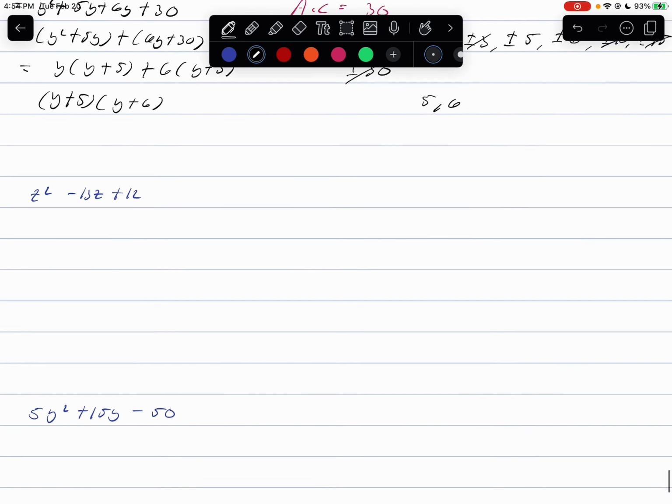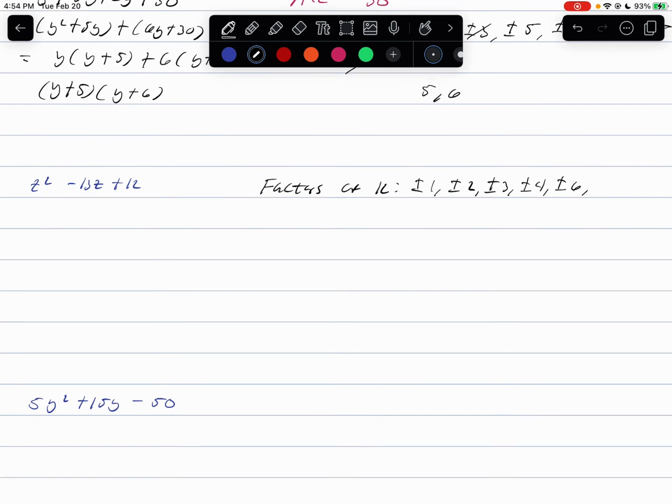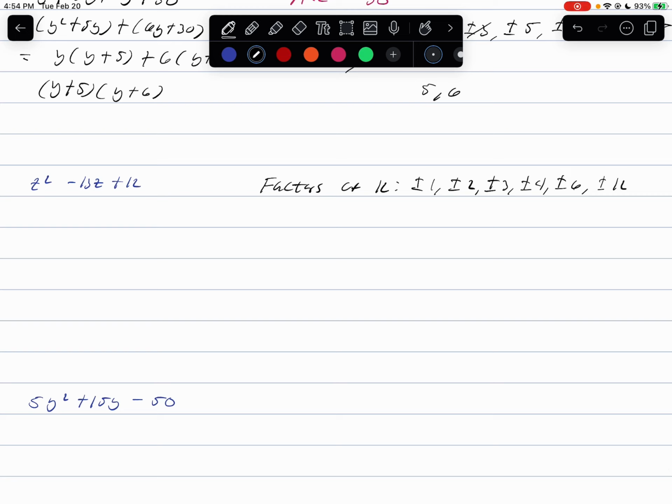Here we have z squared minus 13z plus 12. So we're looking for numbers that multiply together to give us 12 and add together to give us negative 13. If we look at factors of 12, we're going to get plus or minus 1, plus or minus 2, plus or minus 3, plus or minus 4, plus or minus 6, and plus or minus 12.